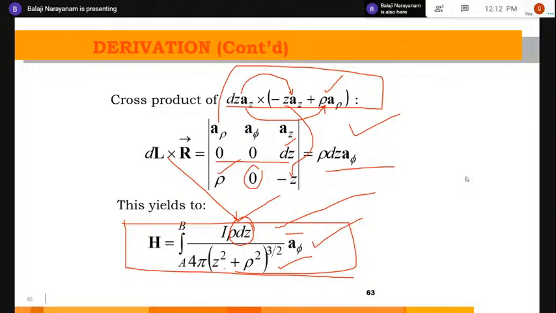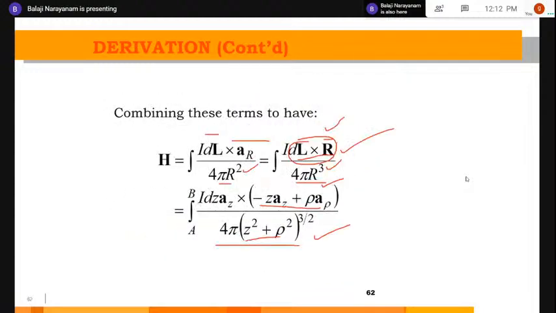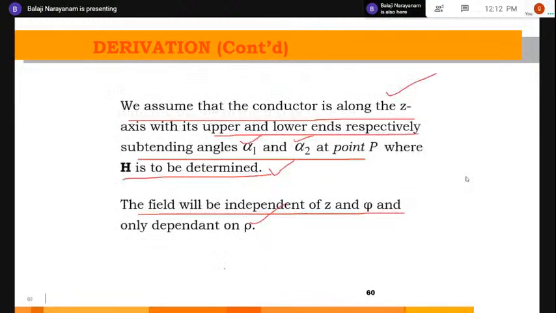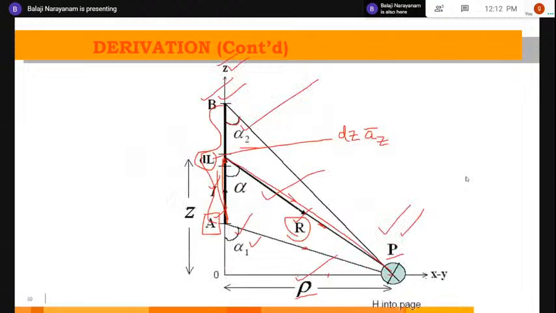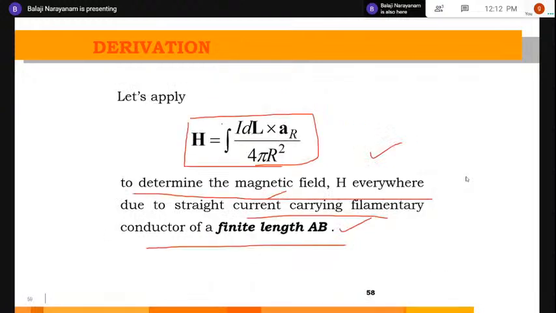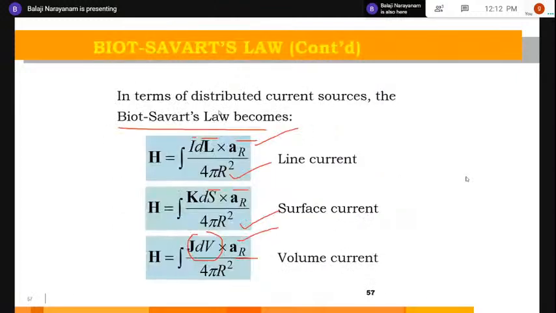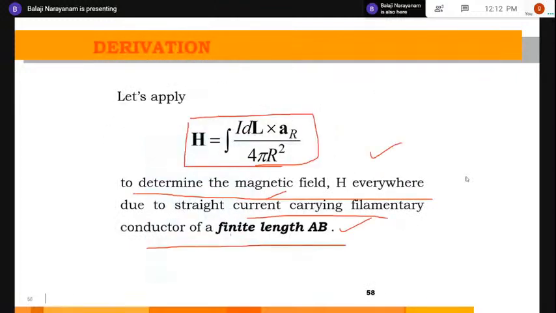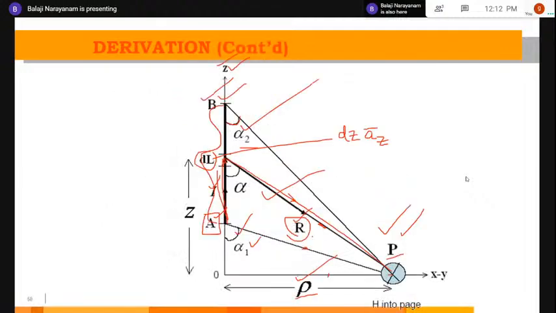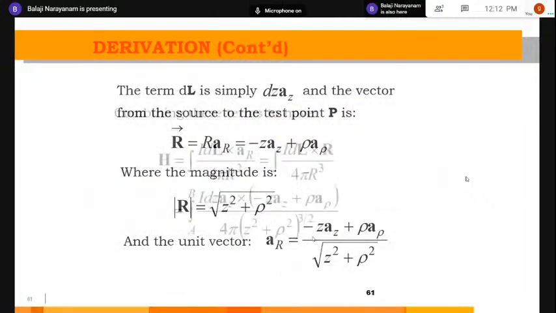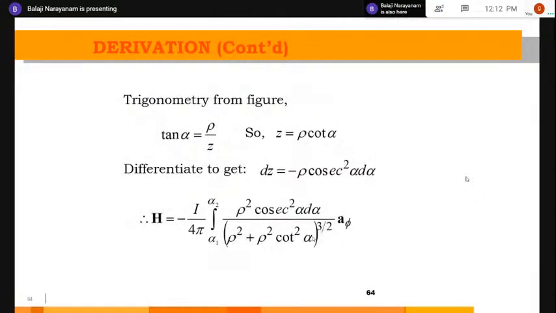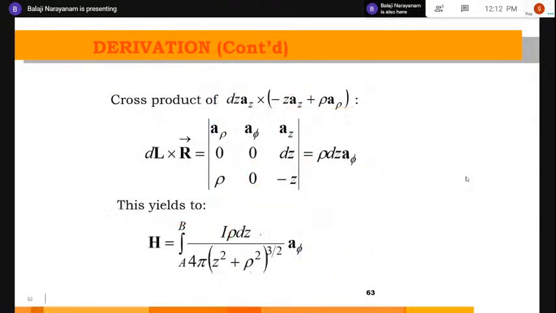This is how we can derive the equation for magnetic field intensity or magnetic field strength for a point P located in the XY plane and a filament conductor. For a filament conductor having a finite length AB, we have derived the equation for magnetic field strength. So this is the equation.